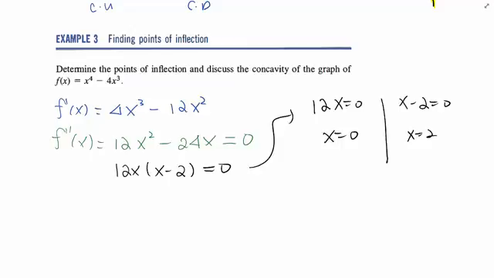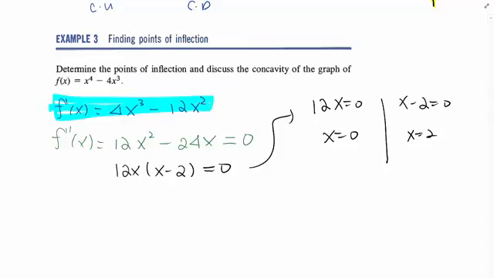Okay, now why don't we apply the first and second derivative and maybe just sketch the shape of the graph here. Because we already have this first derivative function here, we can find the critical points and then find the intervals where the function is increasing or decreasing, right?